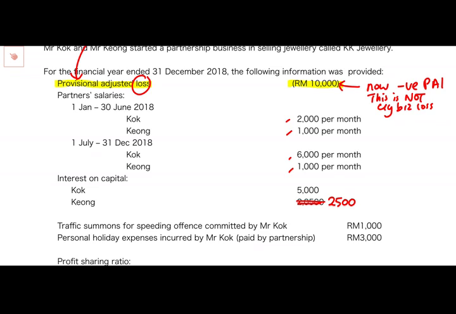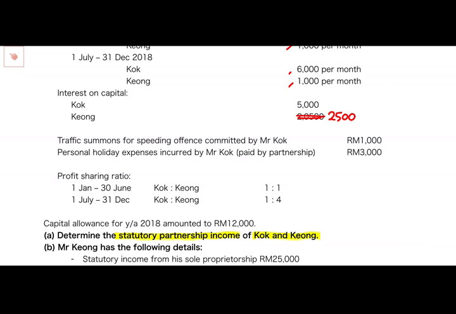Then they also mention that this traffic summon was paid by the partnership for Mr. Kok, and there are also holiday expenses for Mr. Kok. And now you see these are the issues that we are looking at.